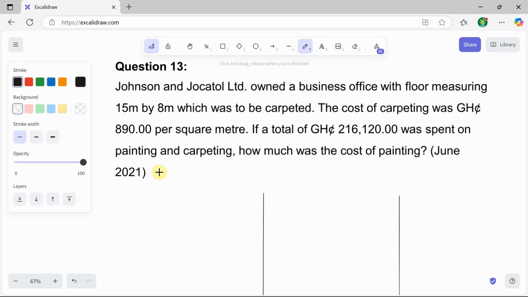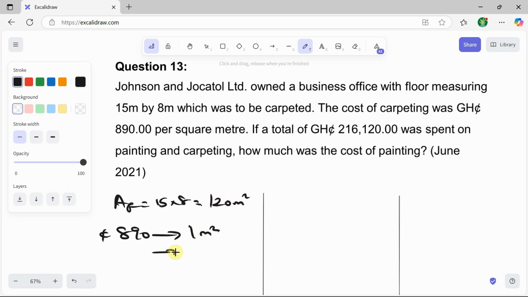So the office measured 15 by 8, so the area of the floor is 15 times 8, and that will give you 120 meters squared. They said the cost of carpeting was 890 cedis per square meter, so 890 cedis for 1 meter square, right? And 120 meters square.